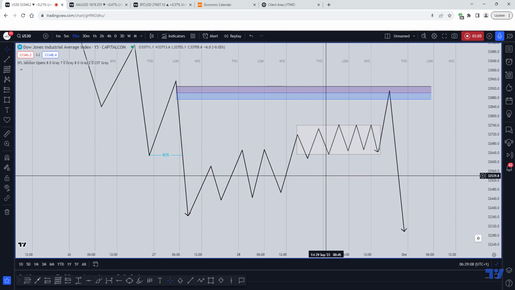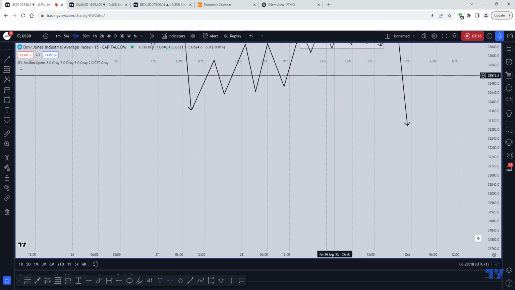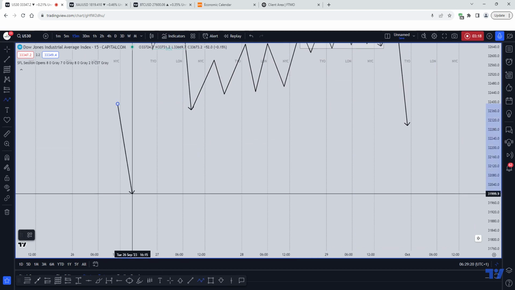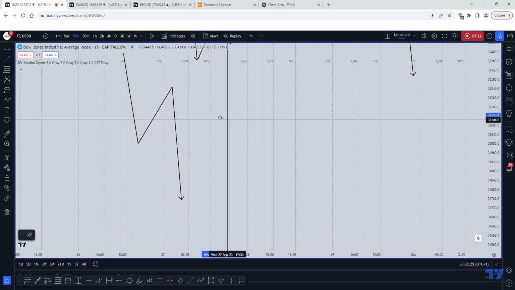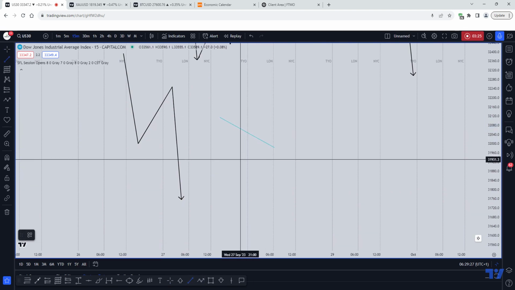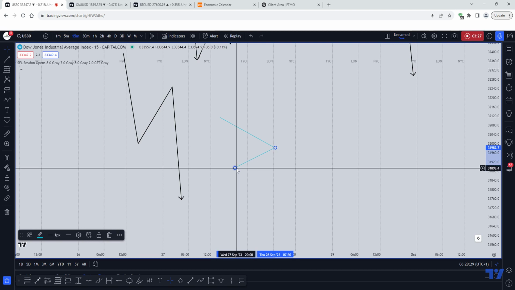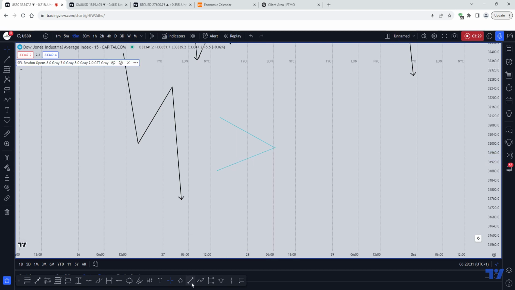Now, the accumulation phase in this accumulation, manipulation, distribution setup can look different. What do I mean by that? It can be a sideways range like it is now, or we could have exactly the same setup, right, but with a wedge consolidation, accumulation, whatever you wish to call it, as the inducement.